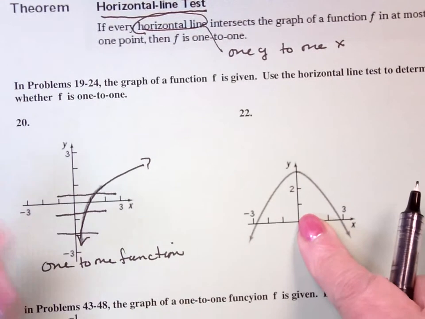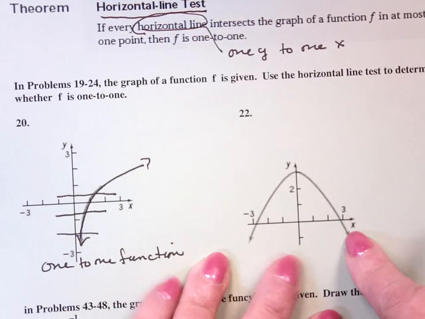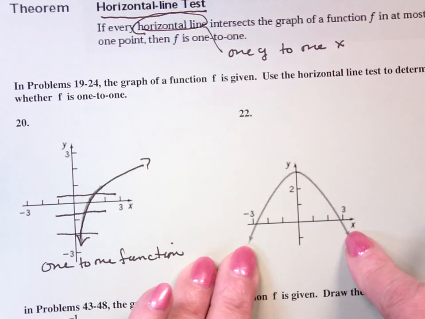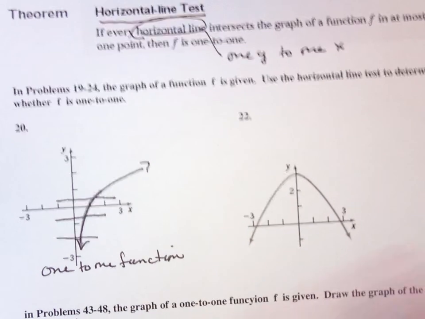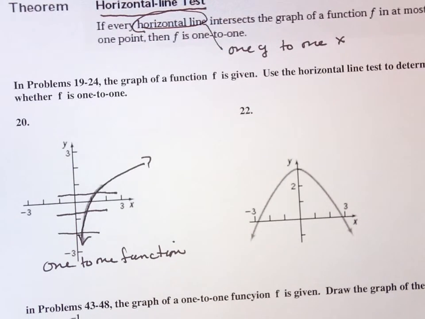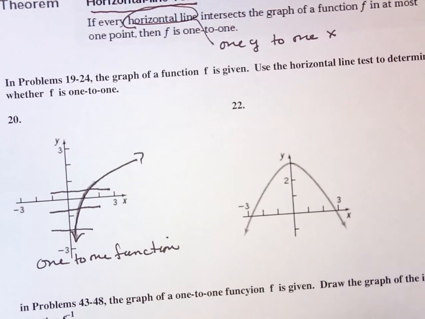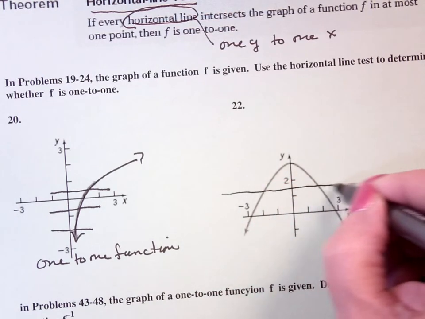Now he reminds me of x squared flipped upside down and moved up 3 units. So he reminds me of minus x squared plus 3, using transformations. But what do I notice?